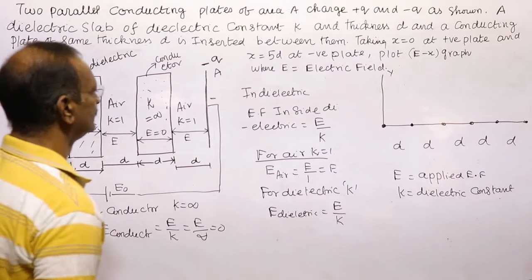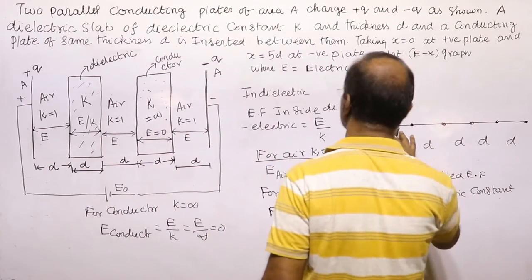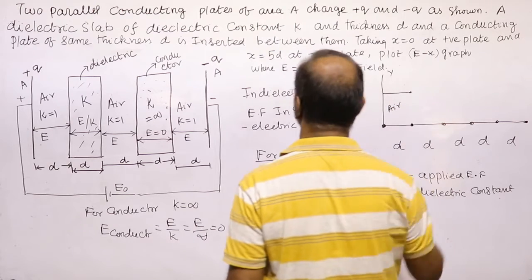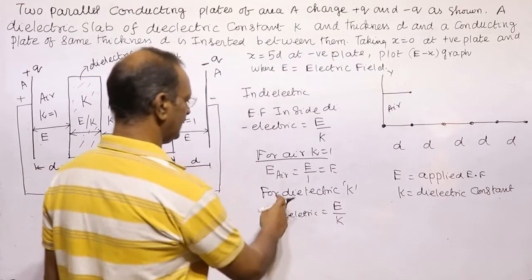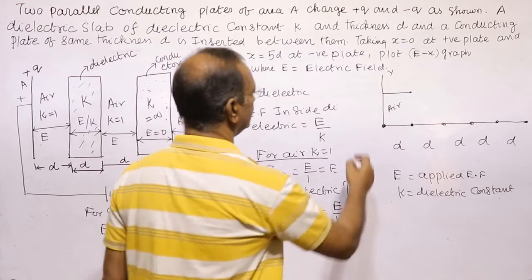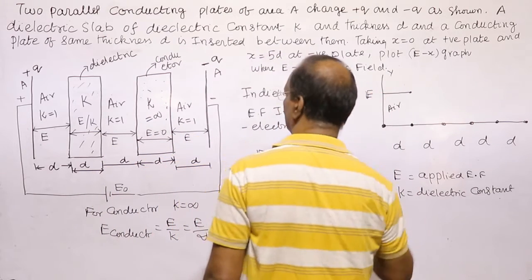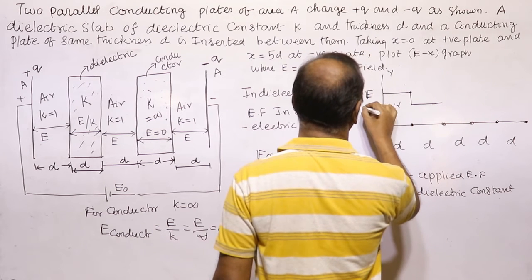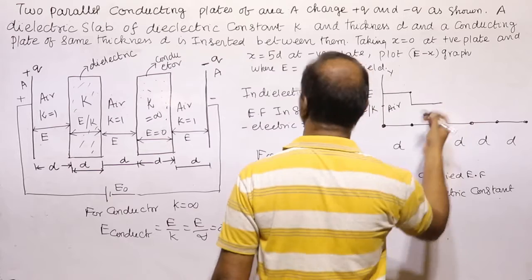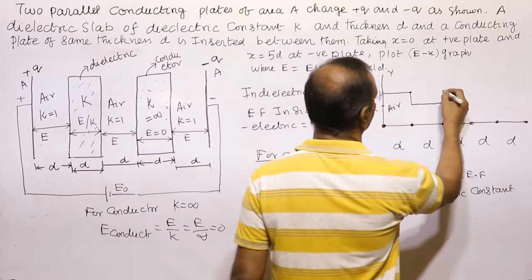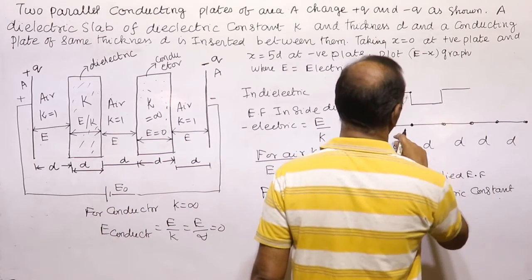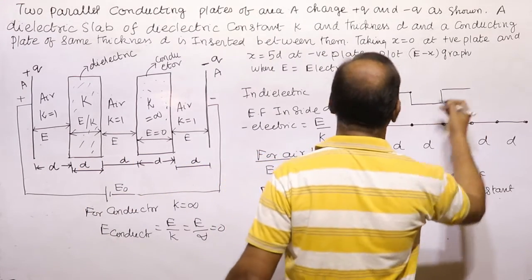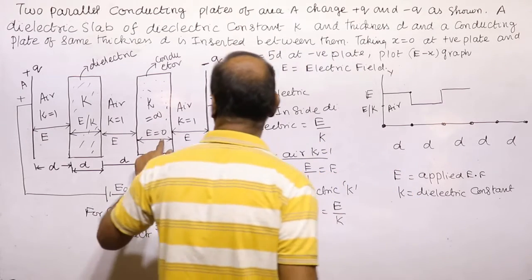Now we can plot it. From here to here, air is kept, and the electric field is E. Then again dielectric, where the electric field is E by K, which obviously will be less than E. Again for air, it is E. So first is air, second is dielectric, third is air, and fourth is the conductor.